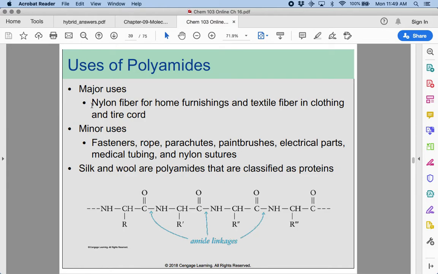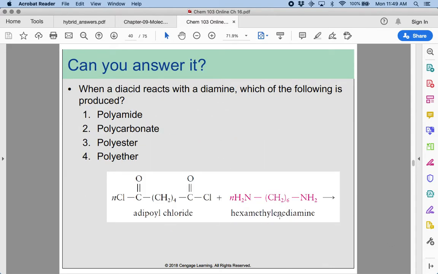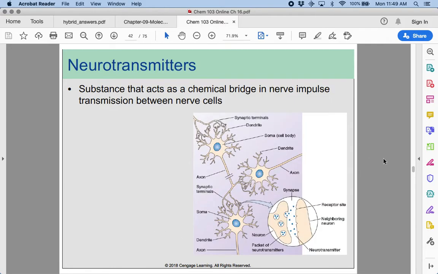They're also really important in industrial materials, so things like nylon and fasteners. A lot of nylon materials are made from polyamides. So we do use a lot of it. So here, when a diacid reacts with a diamine, which of the following is produced? Something like this, we're going to produce a polyamide.